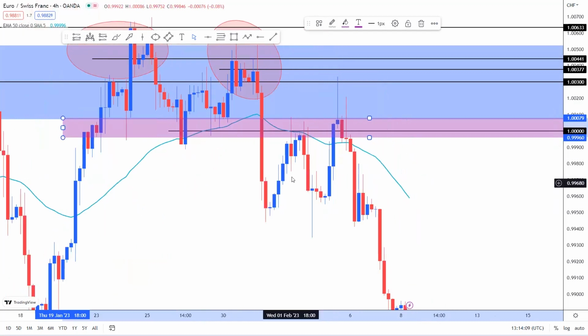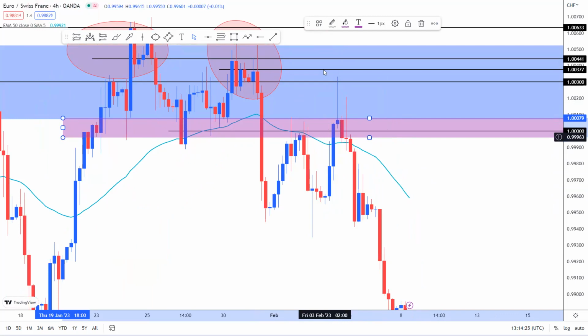So we had the pullback coming to the previous market structure in the neckline of the daily double top, as we had established from the daily time frame.